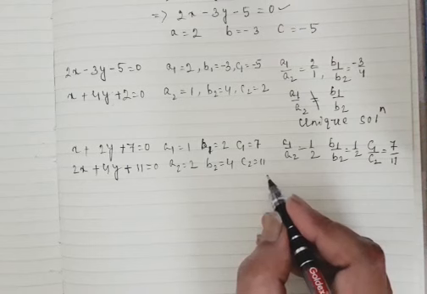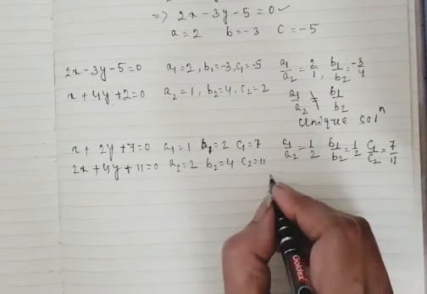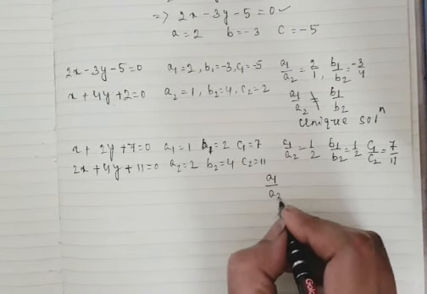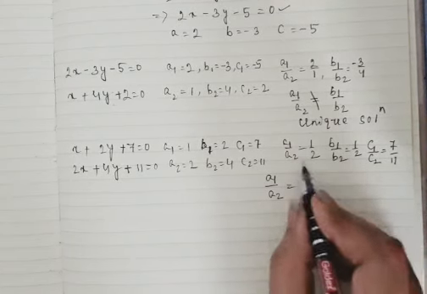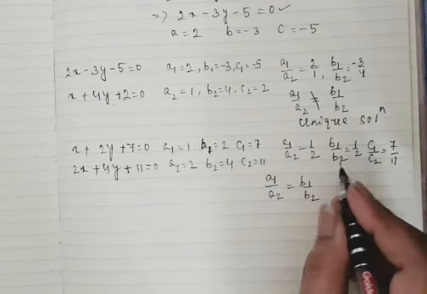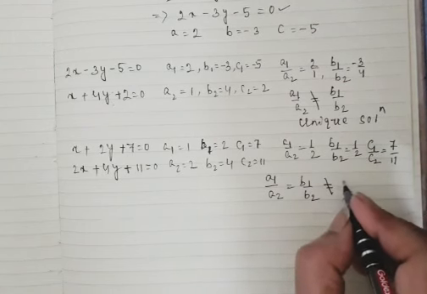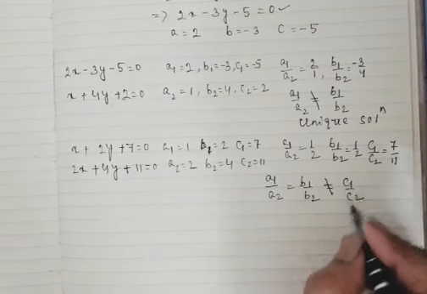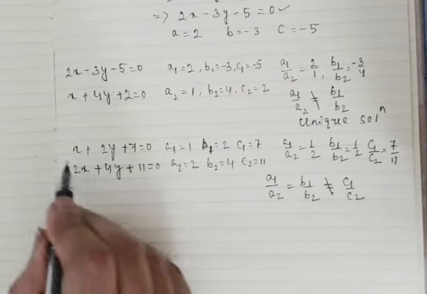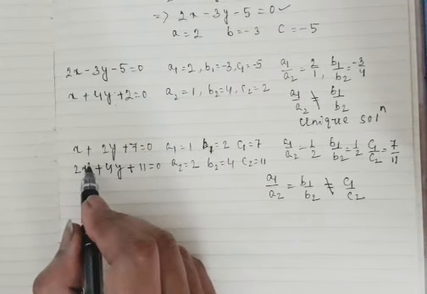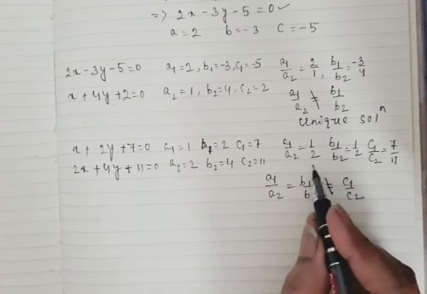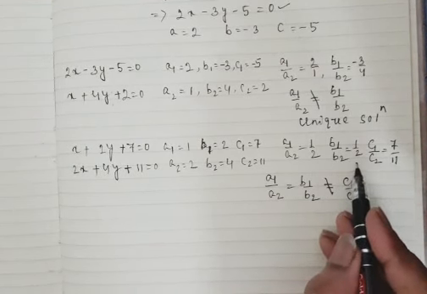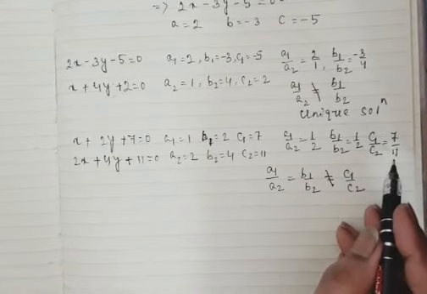So here a1 by a2 equals b1 by b2, both 1 by 2, but that is not equal to c1 by c2.